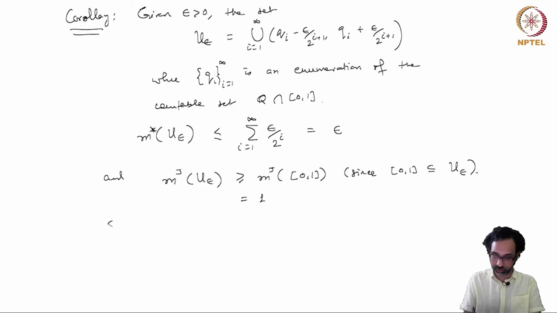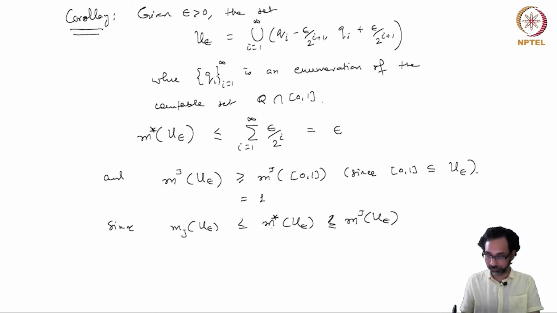So since the inner Jordan measure is less than or equal to the Lebesgue outer measure, which is less than or equal to the Jordan outer measure, this is bounded above by epsilon, while this is bounded below by 1.